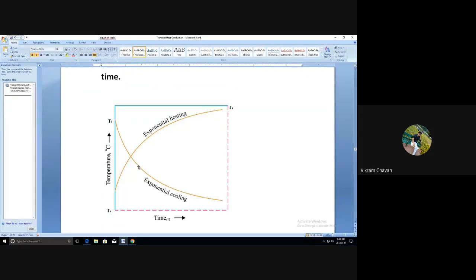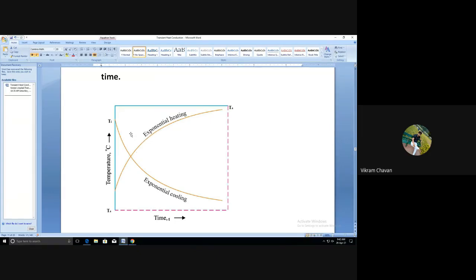In case of heating, the external temperature is greater than the body temperature. This is the external temperature level, and the initial temperature of the body is this one. As time passes, the body gets heated exponentially.